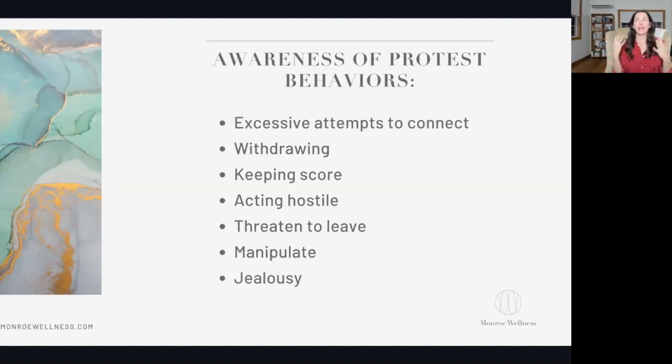Then we can also act hostile to them in ways like picking fights or being really short, really snappy, saying things that again are supposed to elicit response, but they just act as hostility. Threatening to leave is a really big one. In a marriage with an avoidant and an anxiously attached partner, the divorce word tends to get thrown around a lot.